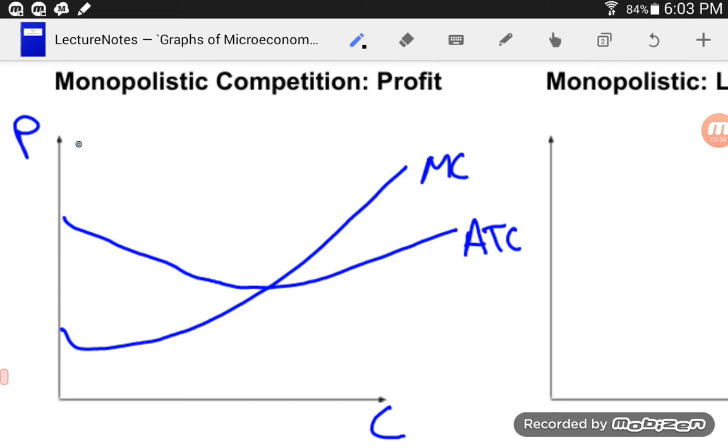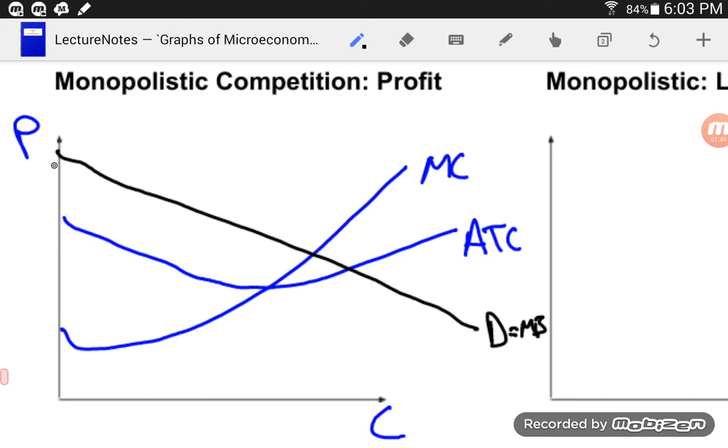And like monopolies, they do face their own individual demand curve, and it is downward sloping. So that means the marginal revenue curve, just like we saw with a monopoly, is going to be sloping down again, twice the negative slope of the demand curve.